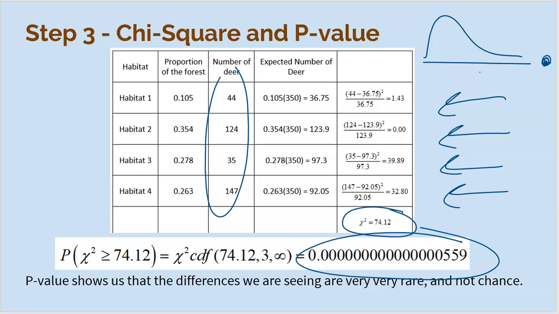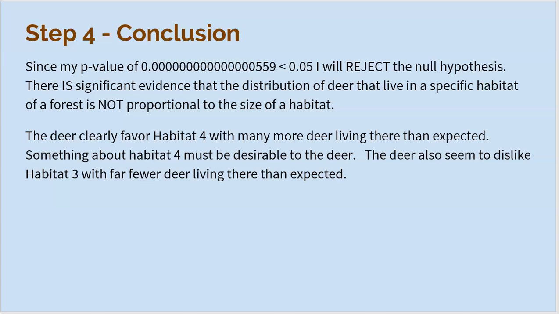But since they did occur, that's what gives us the conclusion we want. So since my p-value is so far below 0.05, I will reject the null hypothesis. There is significant evidence, a lot of it, that the distribution of deer that live in a specific habitat of a forest is not proportional to the size of the habitat.